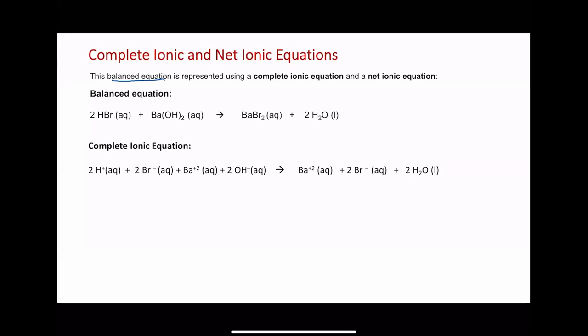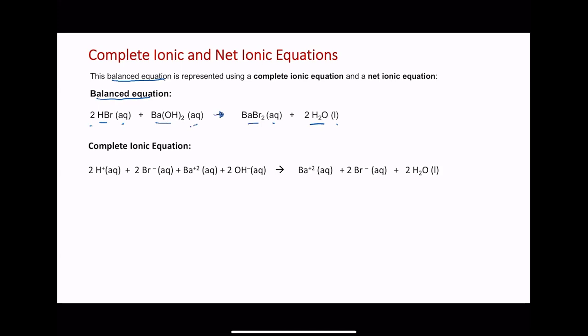So in this balanced equation, this one right here, you have chemical formulas, you have the reactants on the left and the products on the right, okay? And this is the reaction arrow. You have chemical formulas, and then you have some coefficients. You also have some physical states. Those are the subscripts in parentheses, okay?